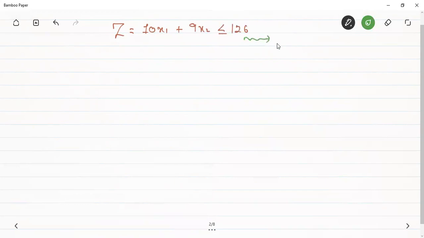So what is this 126? It is a kind of an upper bound, or an upper estimate, of the maximum value of the objective function.